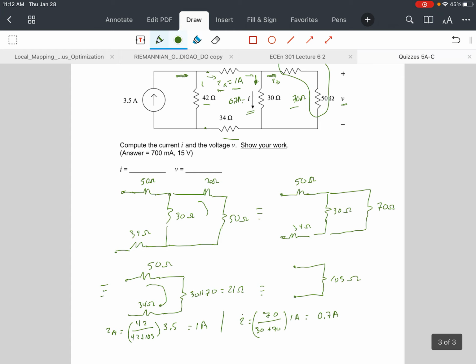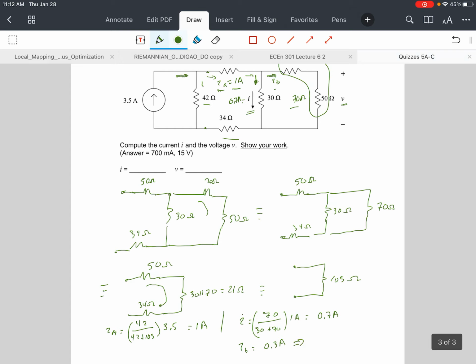And so IB has to be the sum of those, so in other words, I plus IB has to equal 1. So IB is 0.3 amps.